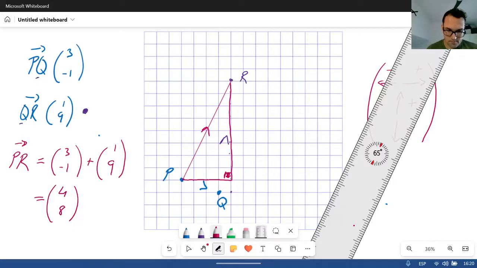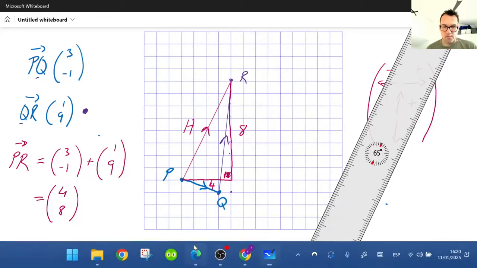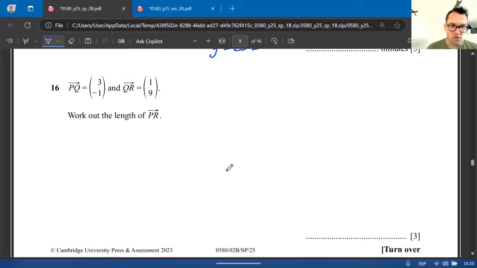Okay. A right angle triangle with a base of 4 and a height of 8. So we just need to work out the hypotenuse here. So how is that going to look in your paper? Right, first you need to say, I've got 2 vectors, the one on the back of the other, so I need to add them together.